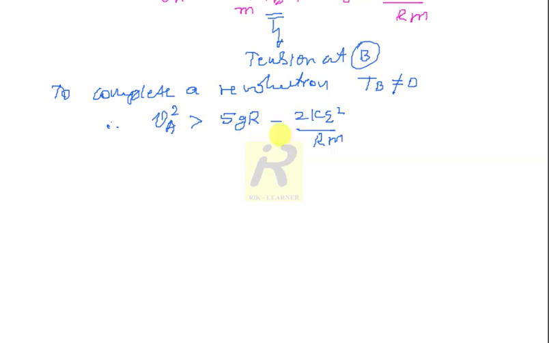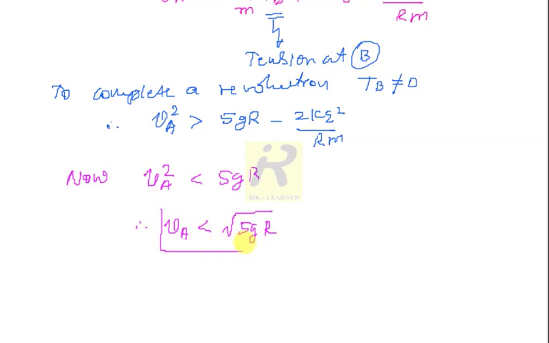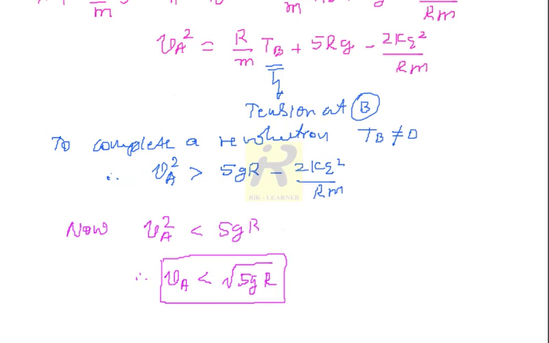So definitely what I can write now is va square is less than 5gr. Therefore va is less than root of 5gr. This is one important result I got here to choose the best choice, right?